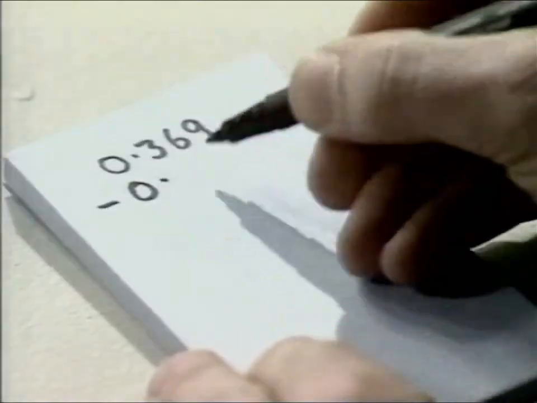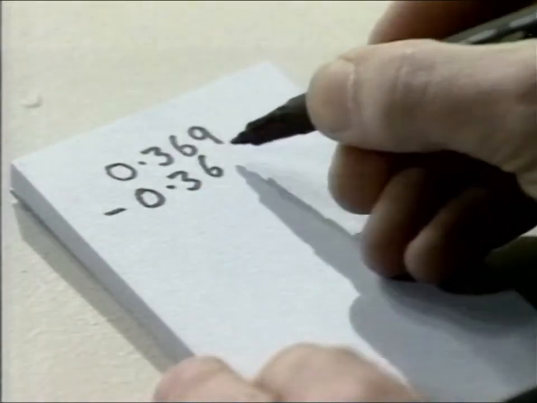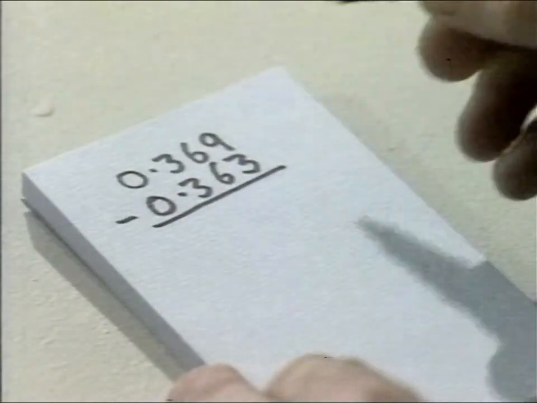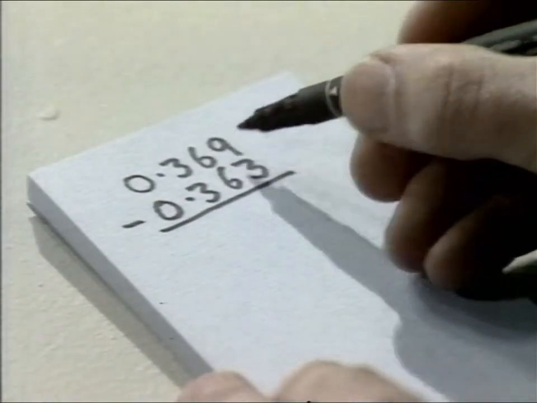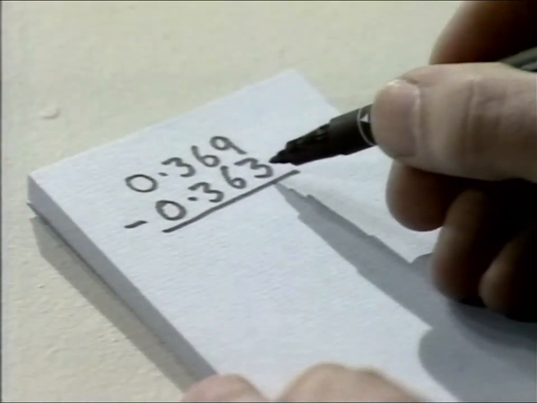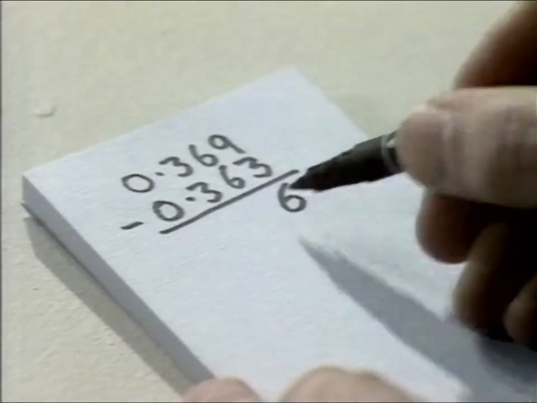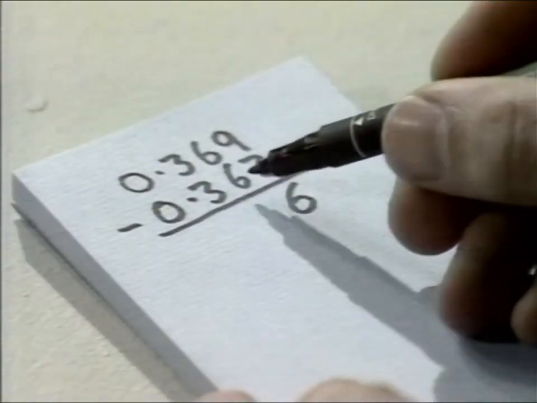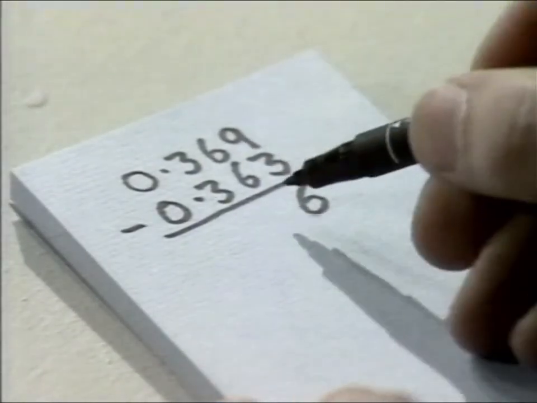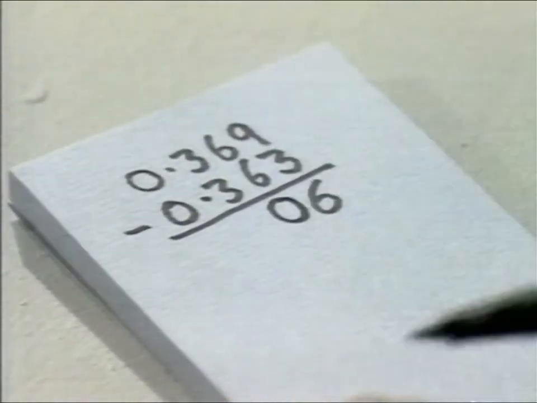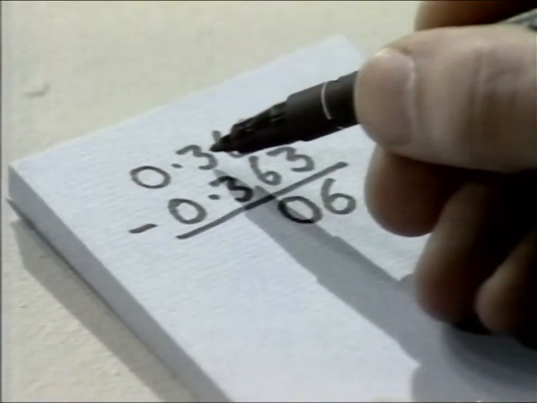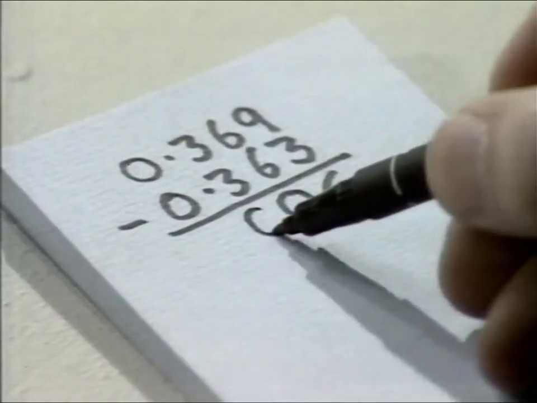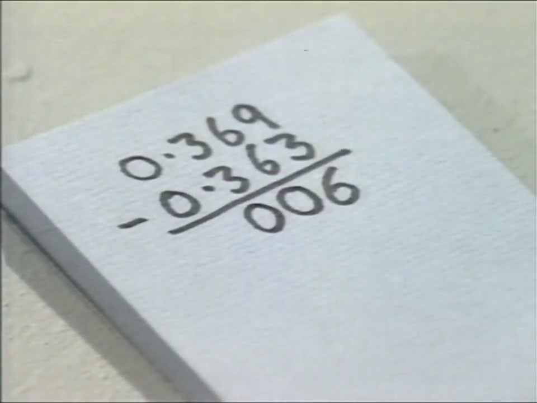Take away 0.363, that's the length of the shelf. 9 thousandths take away 3 thousandths, that's 6 thousandths. 6 hundredths take away 6 hundredths, no hundredths. 3 tenths take away 3 tenths, that's no tenths.